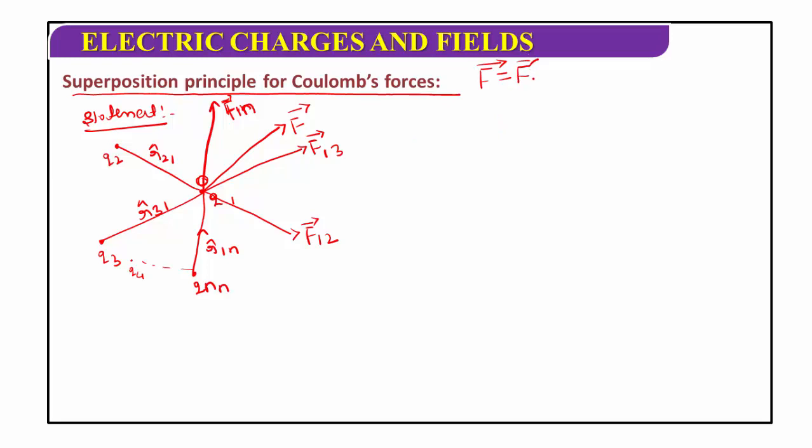That is vector F12 plus vector F13 plus vector F14, and so on up to vector F1n.